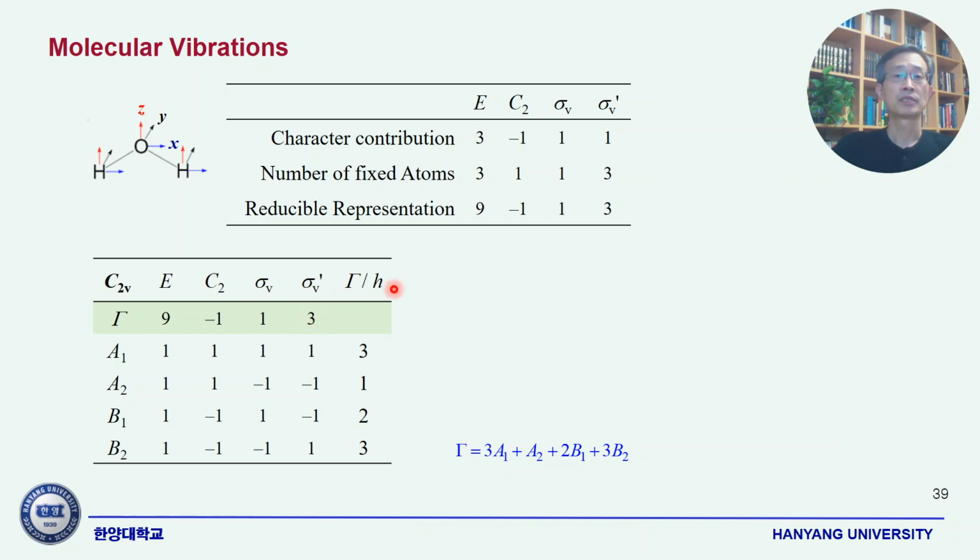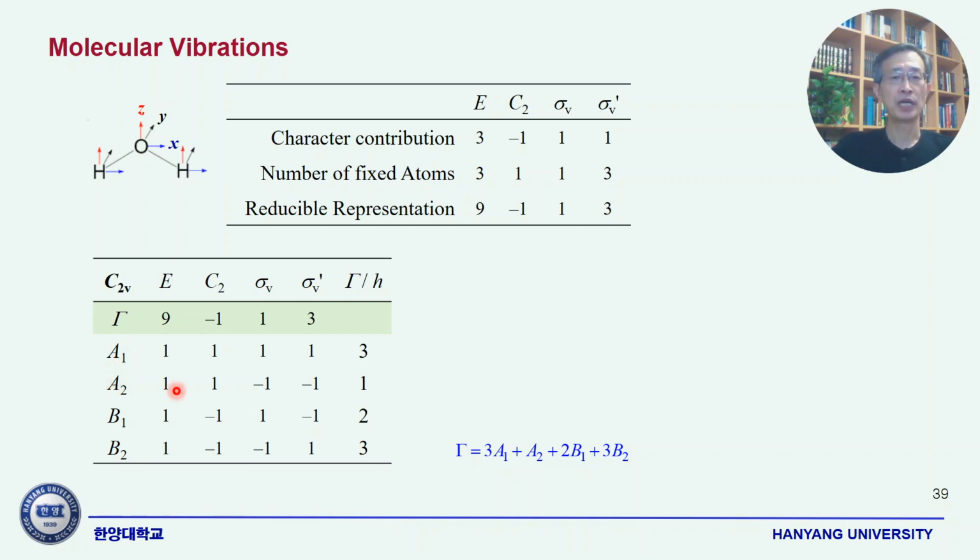And then what is h? h is the total number of symmetry elements here, which is 4. So 12 divided by 4 is 3. So that's why you get 3 here, which means that this gamma representation has 3 A1 irreducible representations.